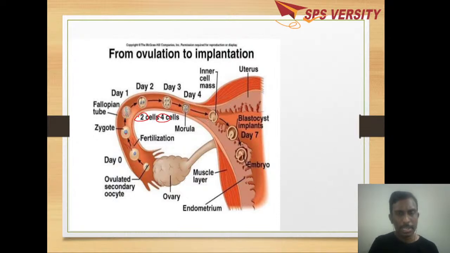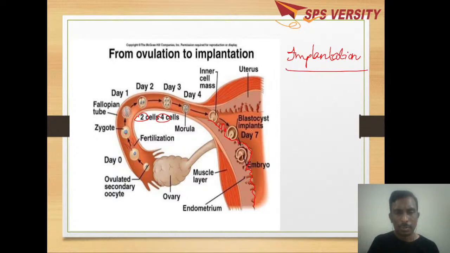This layer is the endometrium, to which the blastocyst is embedded, which is called implantation. So implantation means the embedding of the blastocyst, that is the embryo, into the endometrium.